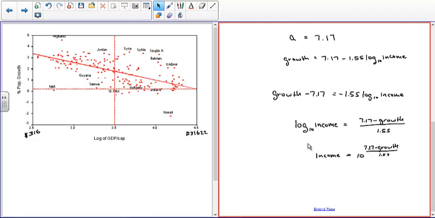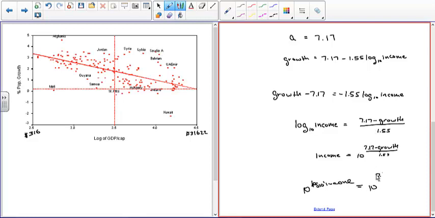So because it's a base 10 here, what I do is take 10 to the log base 10 of the income, which equals 10 to the 7.17 minus growth, divided by 1.55.